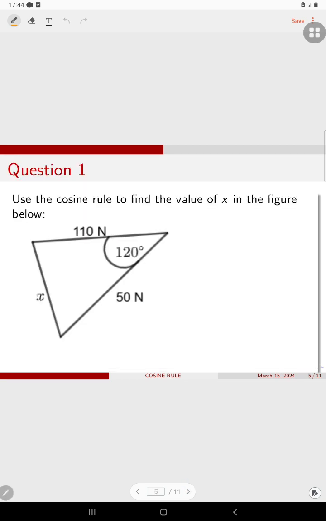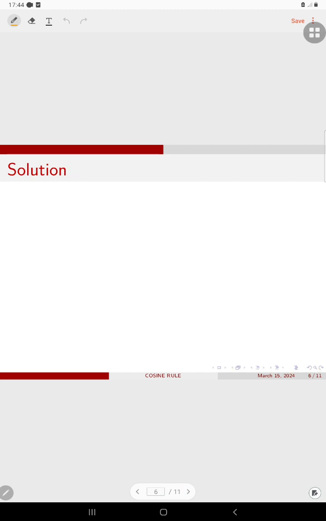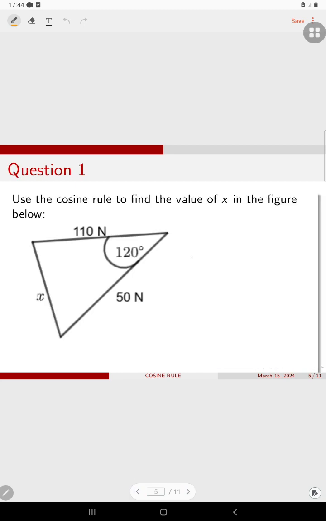Now let's look at a question on this. We are told to use the cosine rule to find the value of x in this question. How does it work? So we want x. X is a side. So straight away, I'll write x squared.